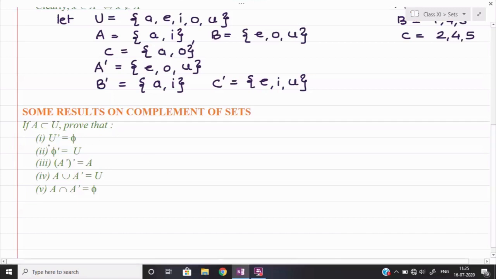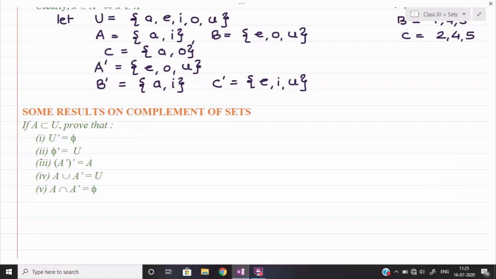If you find the complement of a universal set, it comes equal to phi. How is this possible? From the universal set you subtract all the elements of the universal set, right? And if you subtract all the elements, nothing will remain.